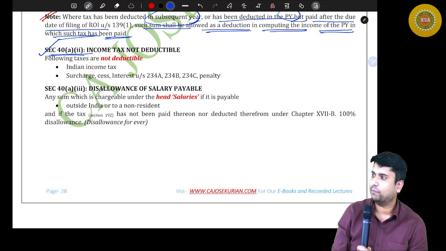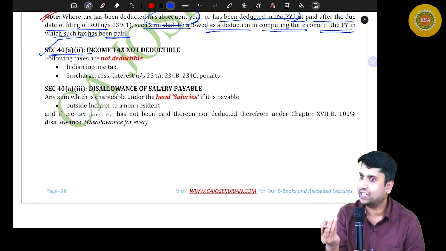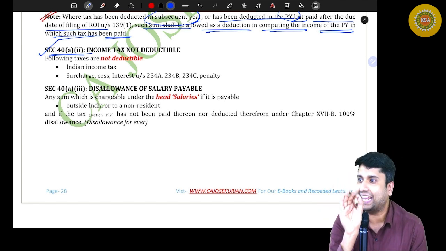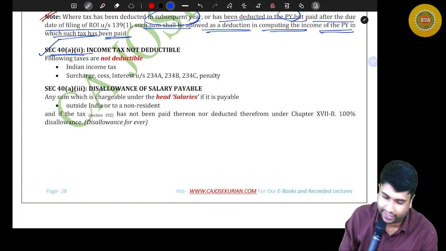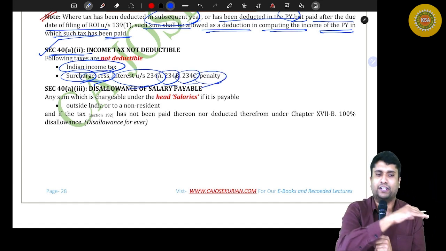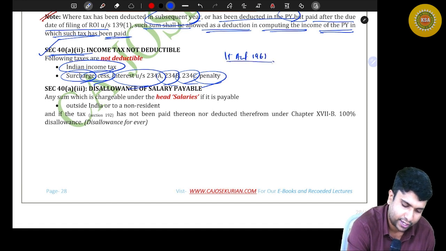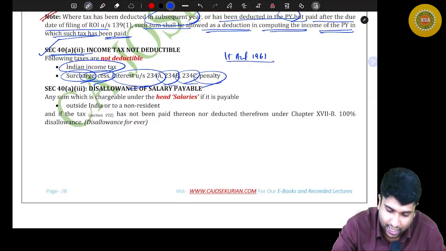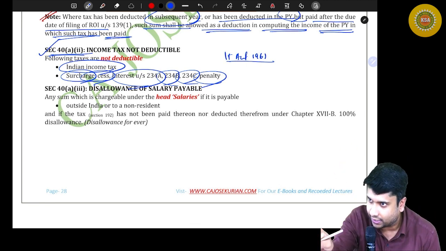The income tax, surcharge, cess, interest under 234A, B, C, penalty, whatever you pay in relation to the IT Act, 1961, is fully disallowed. You cannot claim it as an expenditure. Is that point clear?